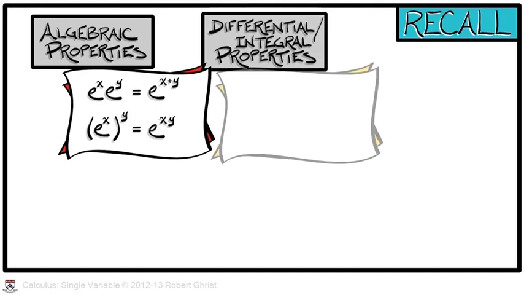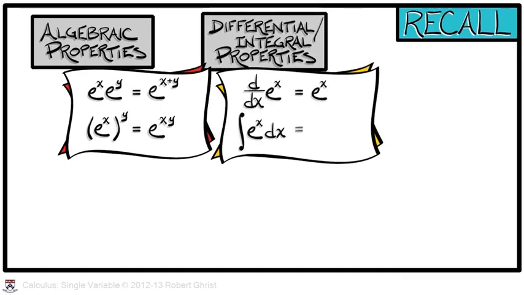From your prior exposure to calculus, you should have seen some differential and integral properties. e to the x is that remarkable function that is its own derivative, and thus it is its own integral up to the constant of integration.